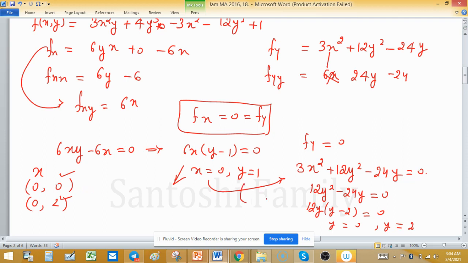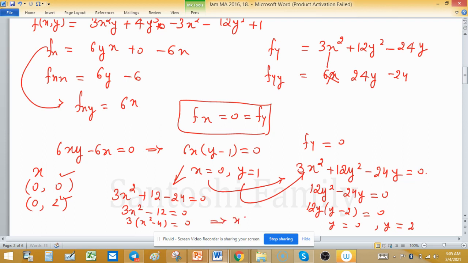Now when y is 1, put in this one, then 3x square plus 12 minus 24 is 0. This implies 3x square minus 12 is 0. Take 3 as common, x square minus 4 equal to 0.